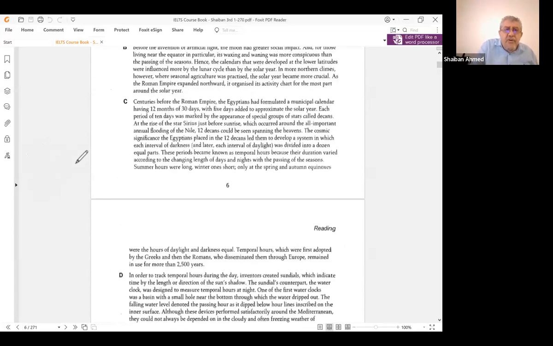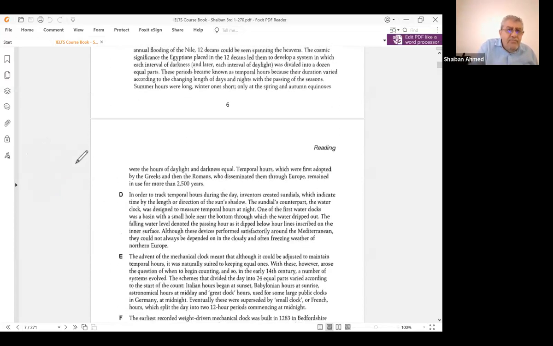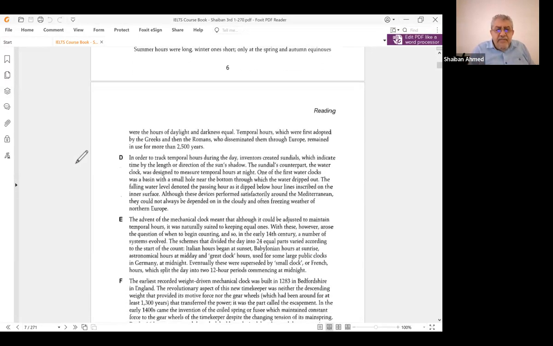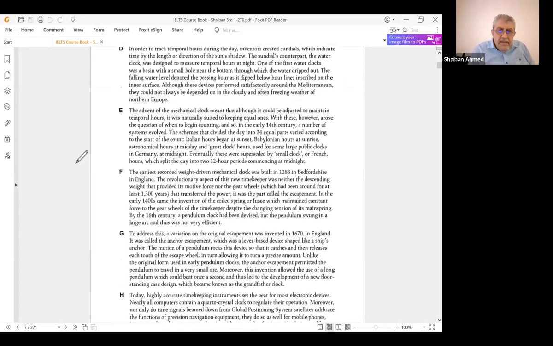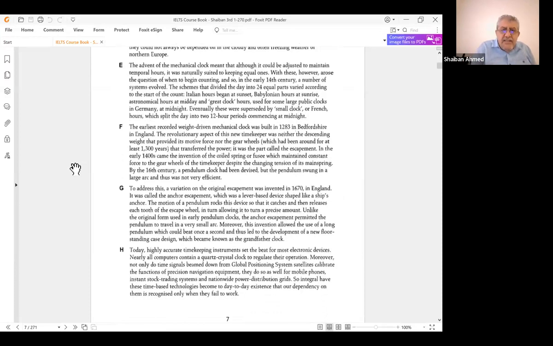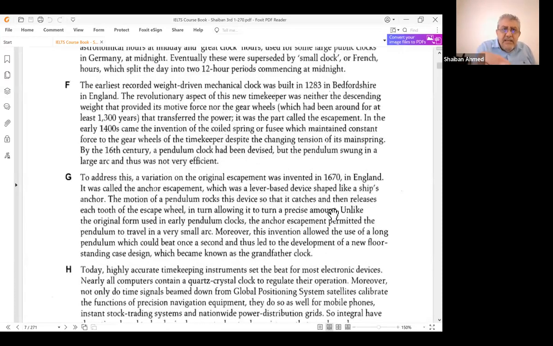Okay, so we go for the first early pendulum. So we have in paragraph G here, the first sentence. It says in the 1617 England.